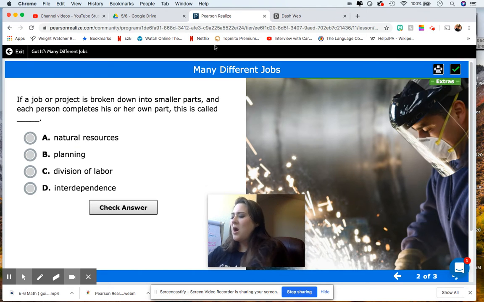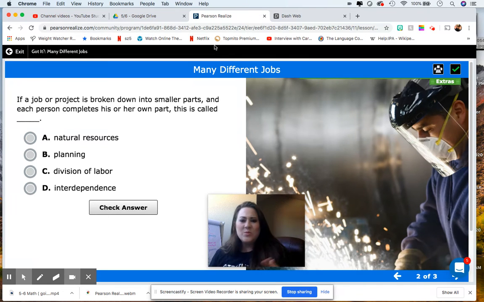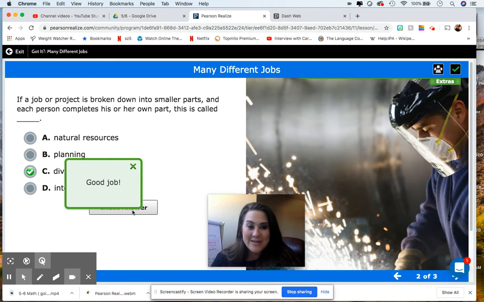If you are unsure of what interdependence is, you can look in your glossary, and interdependence is when people depend on each other to get things they need or want. And so that's when we've talked about trading. So I would say that division of labor is our best answer.